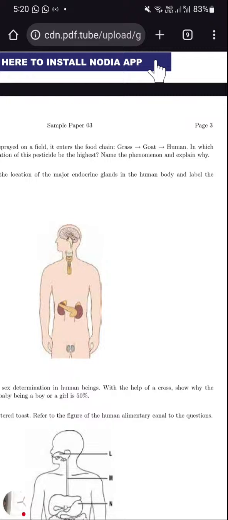Do you know that answer or do you want me to explain? Biological magnification, where the non-biodegradable waste gets accumulated in the higher trophic level as it enters via the food chain from one trophic level to another.